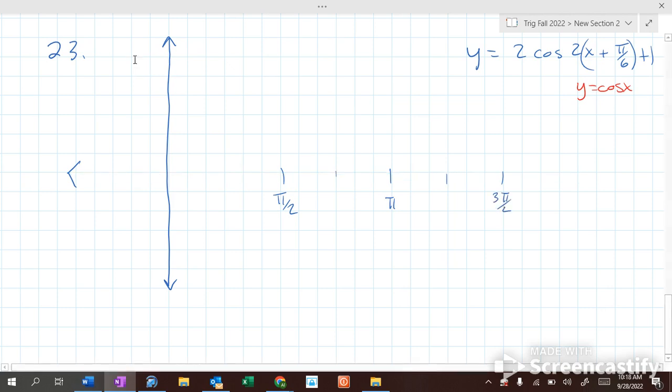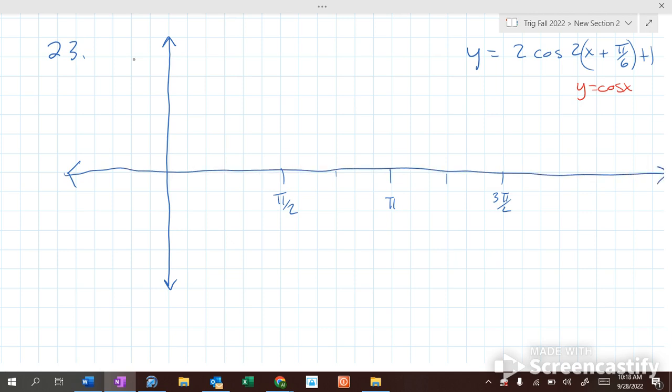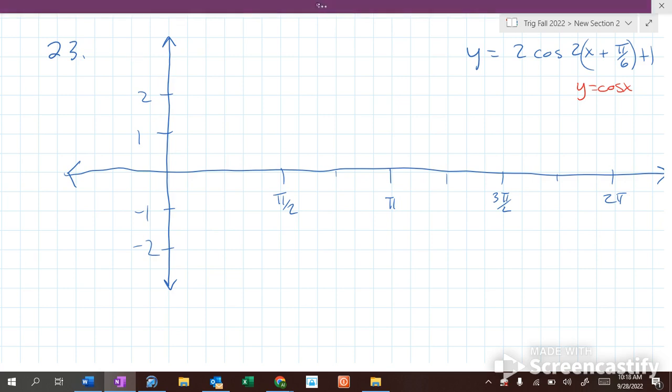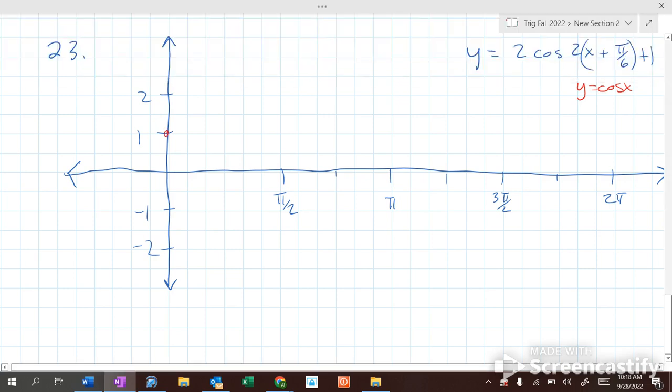Erase that and redraw it. 6 to get to 2 pi. 1, 2, -1, -2. All right. So I'm going to graph y equals cosine of x first. So it's 1, 0, -1, 0, 1.